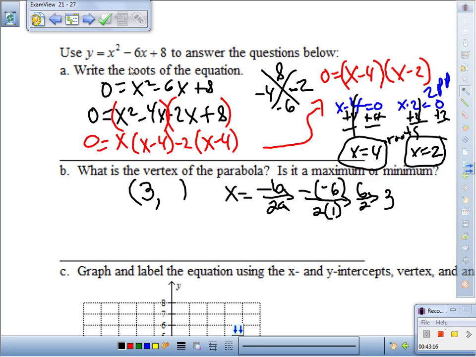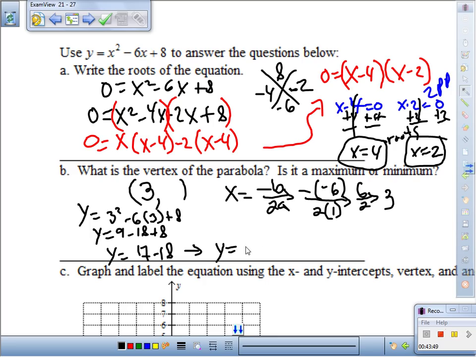Therefore, to find my y, I need to use the equation. So I write y equals, instead of x, what value am I going to use? 3. So it's 3 squared minus 6 times 3 plus 8. Y equals 9 minus 18 plus 8. We'll combine like terms. 9 plus 8, that's 17 minus 18.